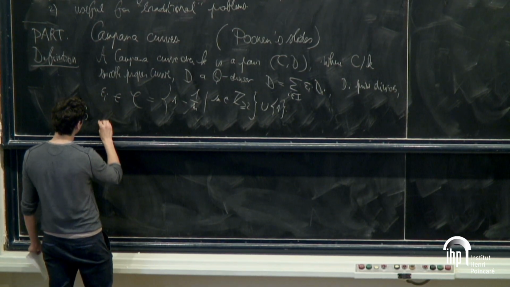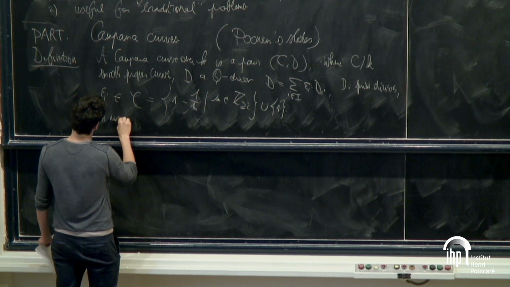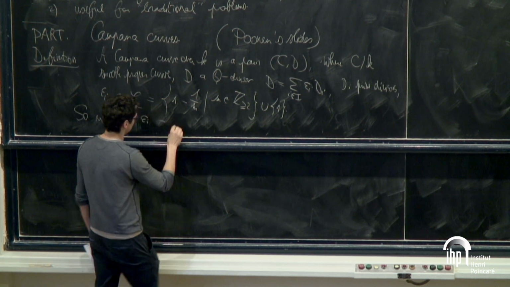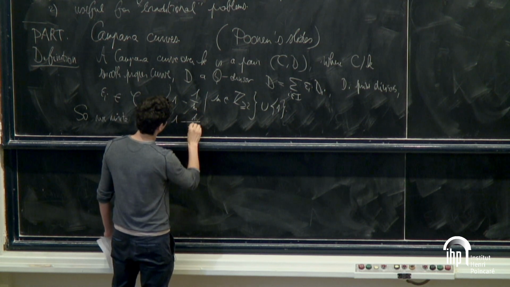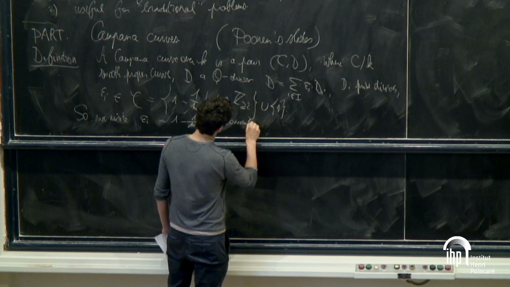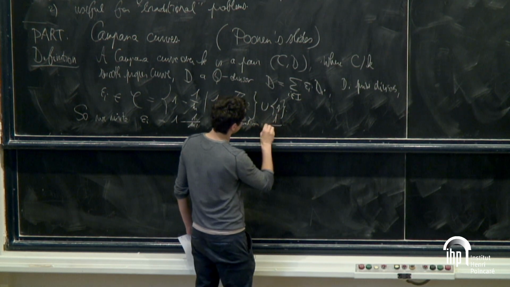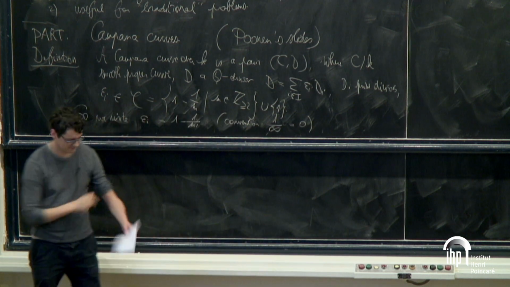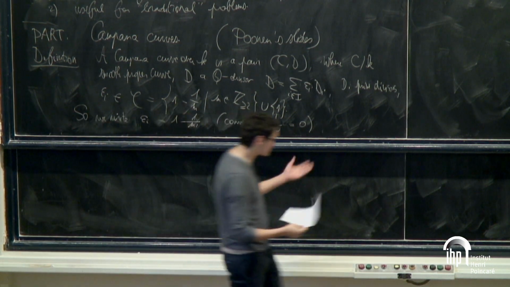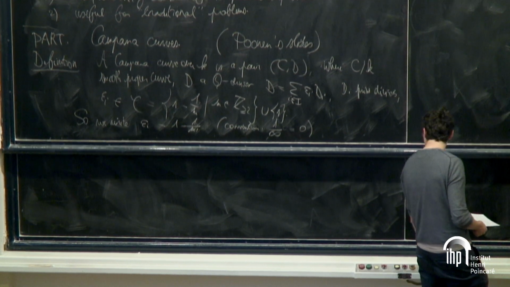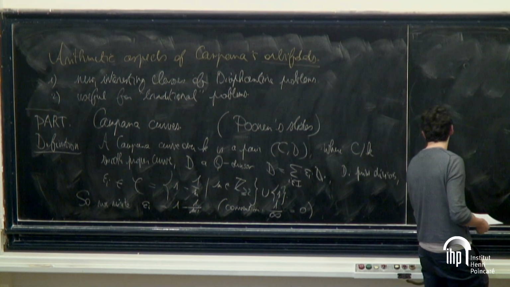We will formally write epsilon i equal 1 minus 1 over m_i, where we use the convention that 1 over infinity is 0. So we allow m_i to be infinity. Okay, so these are Campana curves. There's nothing more to be said on these objects.